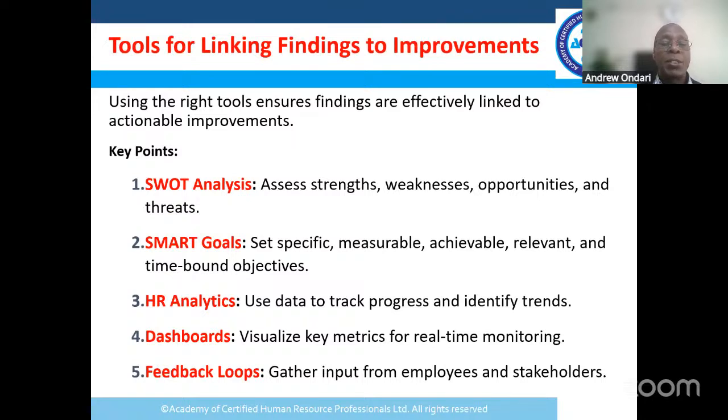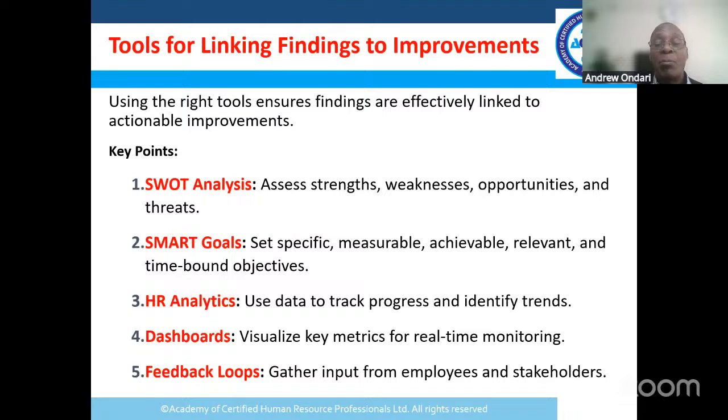What are the tools of linking findings to improvements? I've mentioned the 5. 1 is the SWOT analysis, and I'm sure we are aware that this is derived from environmental analysis.